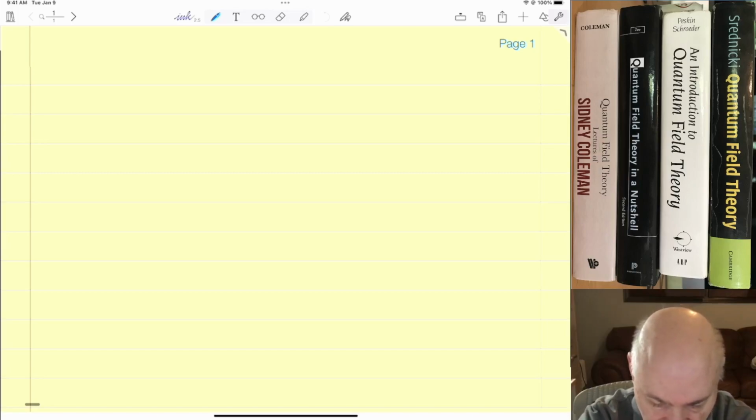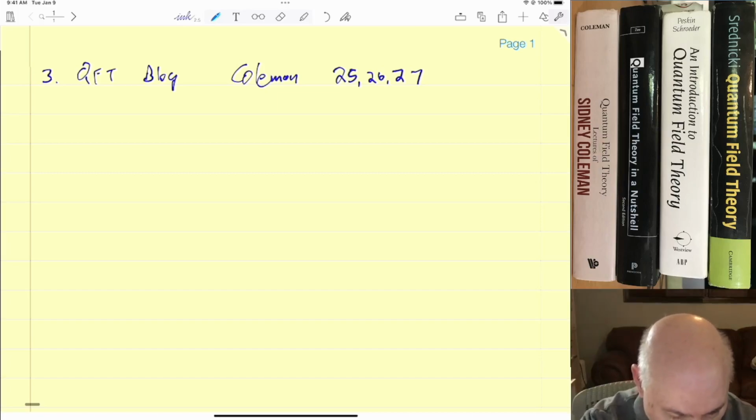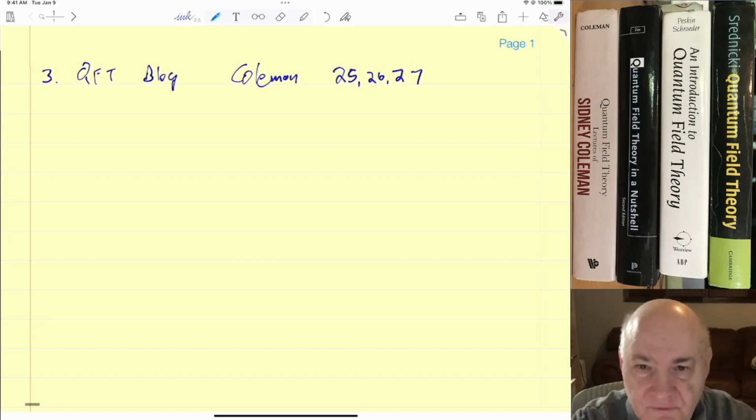But this is my third entry in the QFT blog, and I'm going to be doing Coleman, just talking about chapters like 25, 26, and 27. So there's several points that I recently reviewed in Coleman's book, and things which I hadn't thought about before, and he does everything so well.